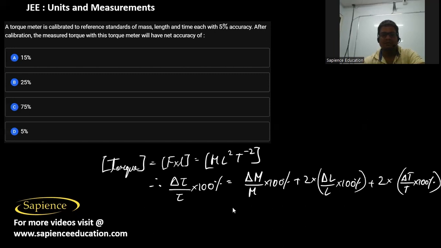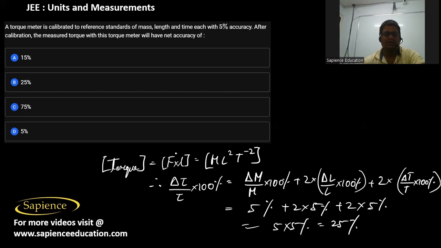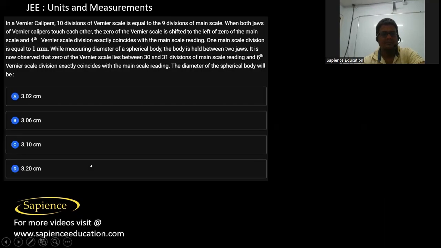The mass, length and time each has 5% accuracy. So 5% is the percentage error in mass, 5% in length, 5% in time. So this will be 1 plus 2 plus 2, that is 5. 5 into 5% is 25%. So the measured torque will have a net accuracy of 25%. So option B is the correct answer.